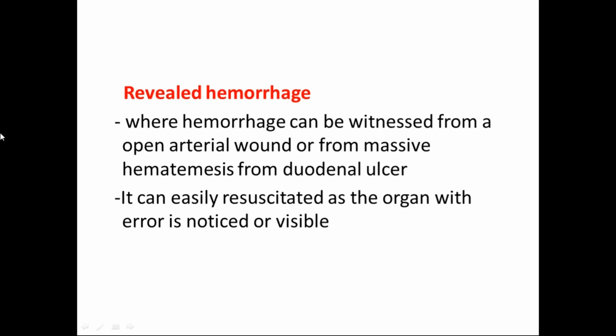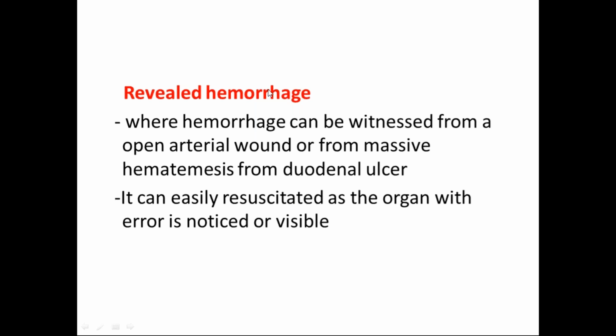Other types of hemorrhage are concealed hemorrhage and revealed hemorrhage. The name itself suggests: revealed hemorrhage is where you can see it from the outside, and concealed hemorrhage is where it will be inside. Revealed hemorrhage is where hemorrhage can be witnessed, from an open arterial wound or massive hematemesis from a duodenal ulcer.